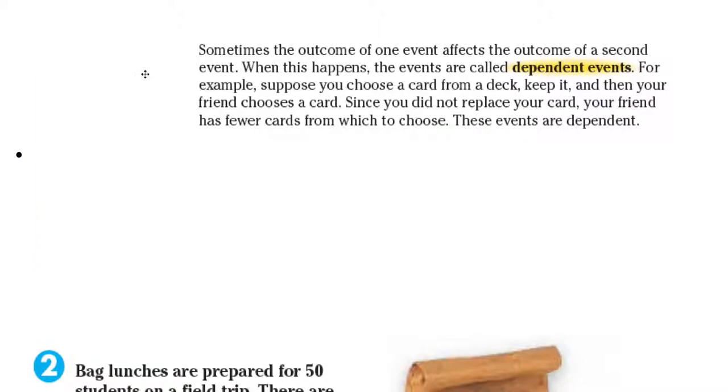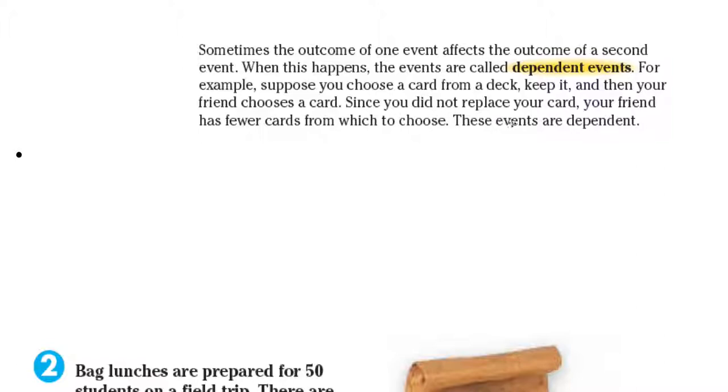Another concept that we need to learn here is the opposite of an independent event, which is a dependent event. Sometimes the outcome of one event affects the outcome of the second event. When this happens, the events are called dependent events. For example, suppose you choose a card from a deck, keep it, and then your friend chooses another card.